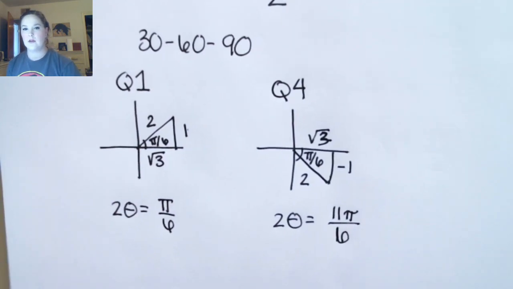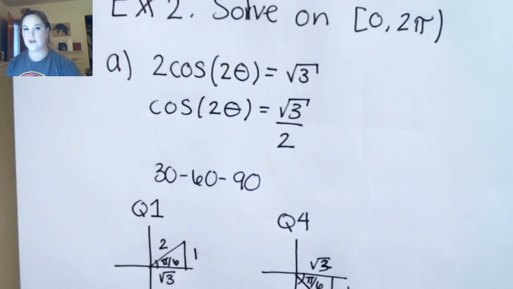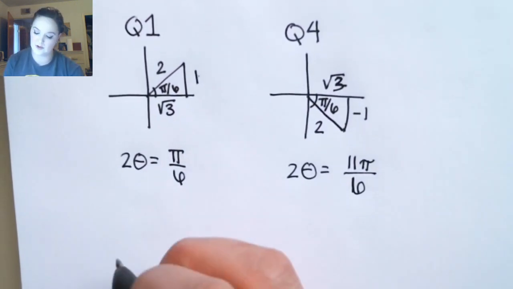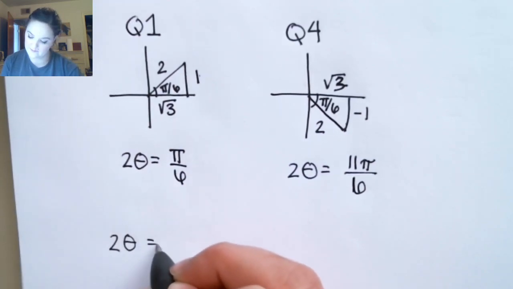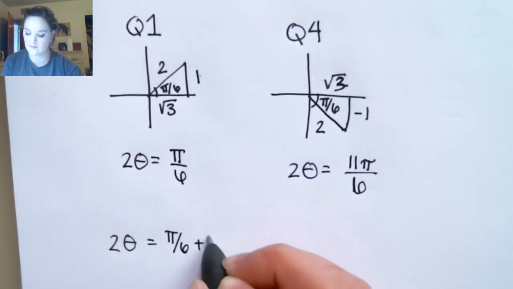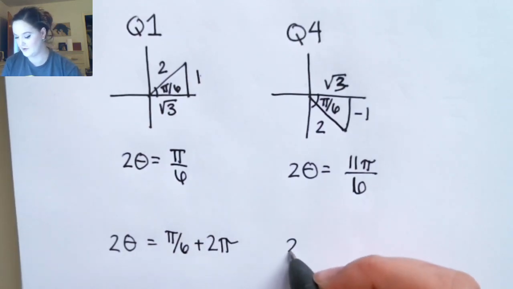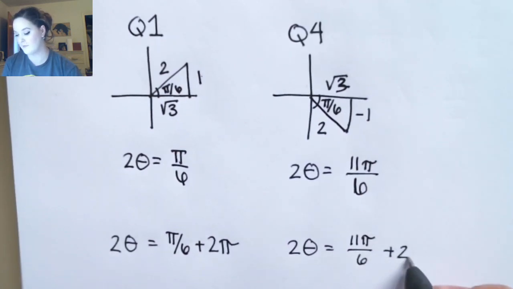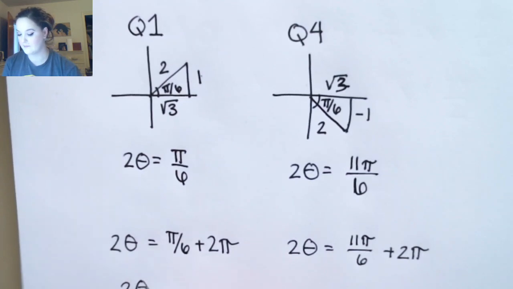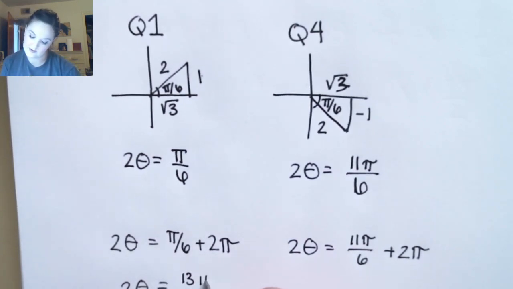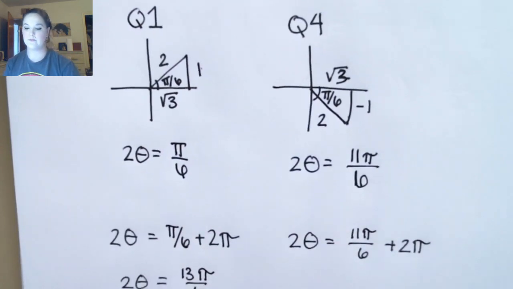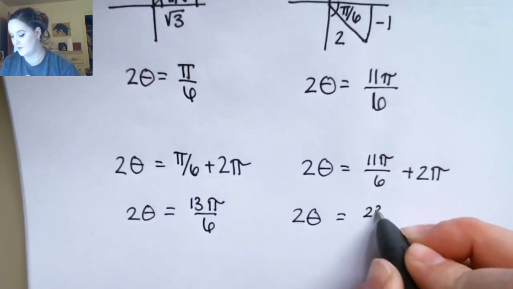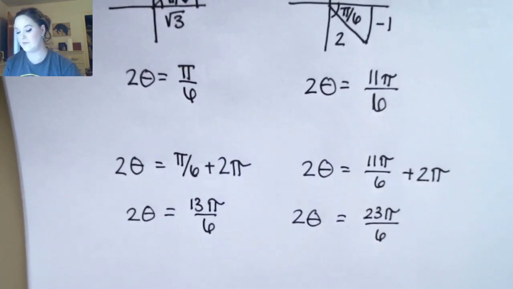Okay. Now, those are my 2 traditional solutions. I should have 2 times as many, okay, or 4 solutions. So I'm going to look at the first coterminal angle here. Okay, and my first coterminal angle here. So this is 13 pi over 6. Okay, and this is going to be 23 pi over 6.